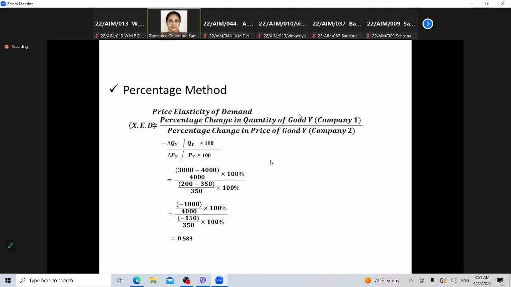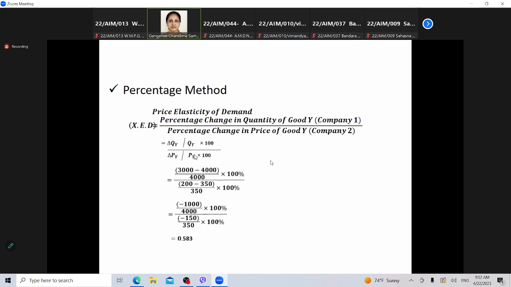Quantity and price of the same good but different company. Here you can see the change of quantity of Y divided by the initial quantity of Y in company 1, as a percentage.